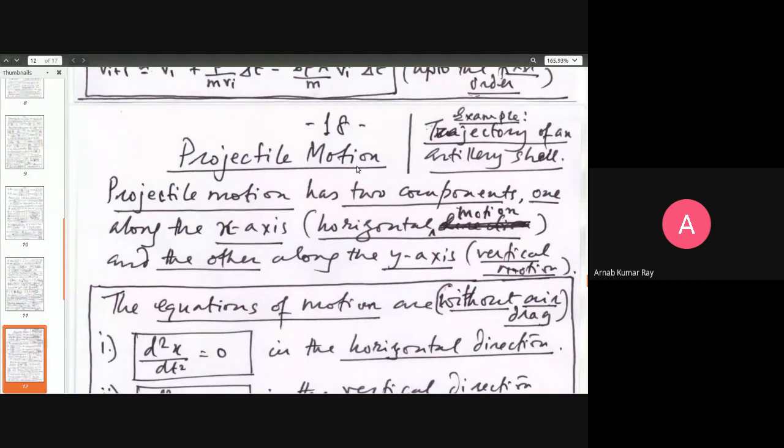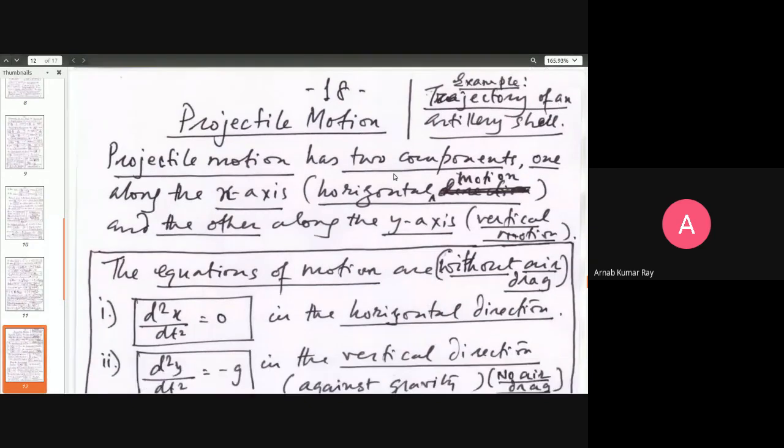This is something that you would have read at school, so we shall initially recall the school knowledge of projectile motion. The practical application is the trajectory of an artillery shell. Projectile motion has two components, one along the x-axis, horizontal motion, and the other along the y-axis, vertical motion.